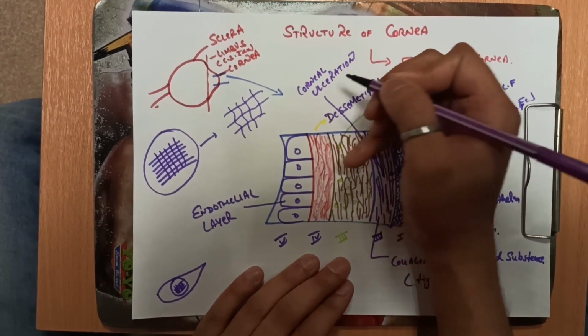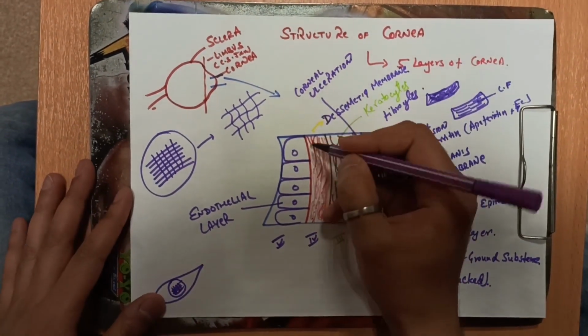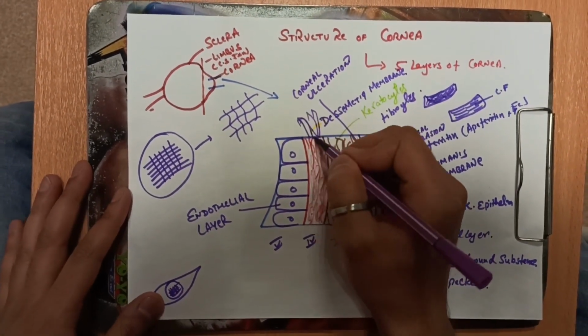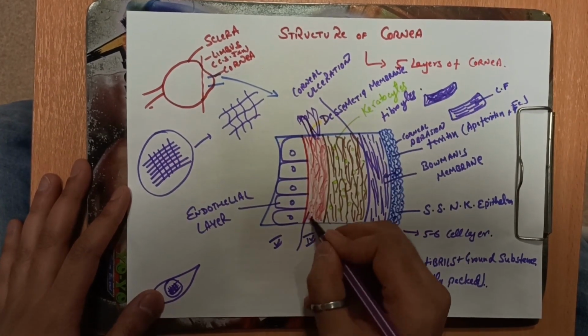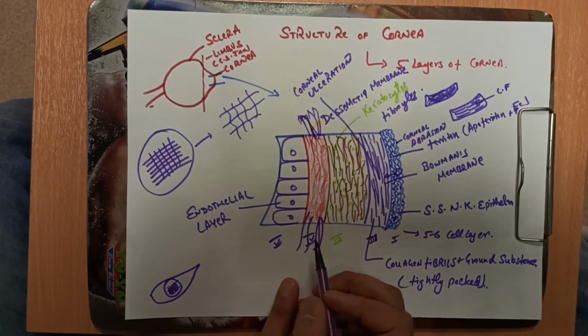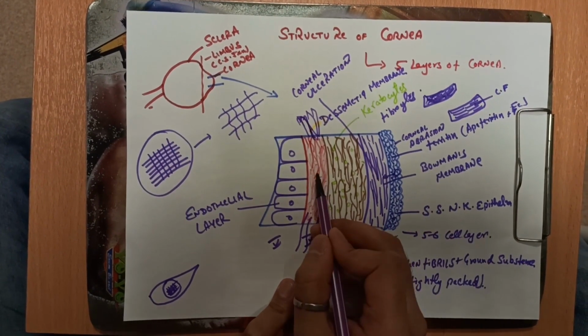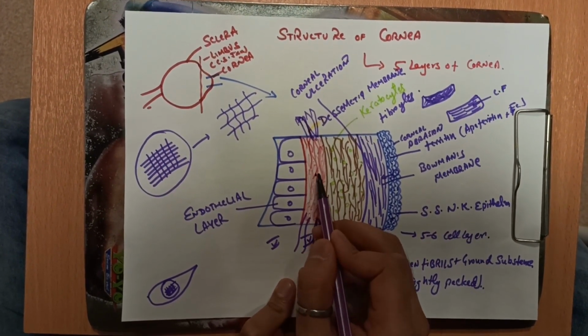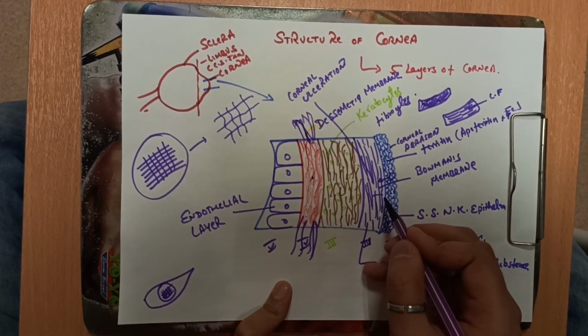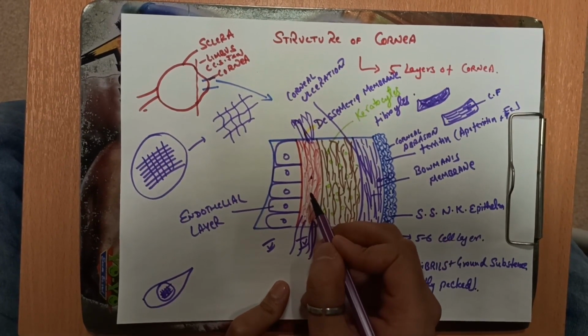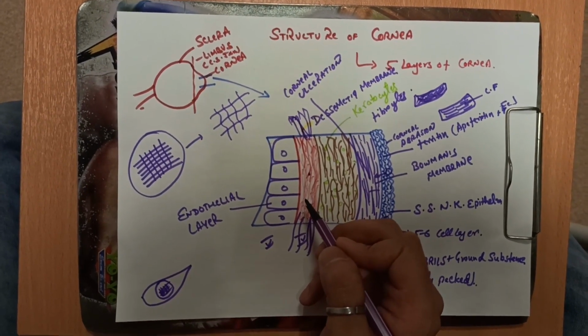Now this is the Descemet's membrane. One of the biggest differences between the Bowman's membrane and the Descemet's membrane is that the Bowman's membrane does not heal, whereas the Descemet's membrane has the capacity to heal itself.